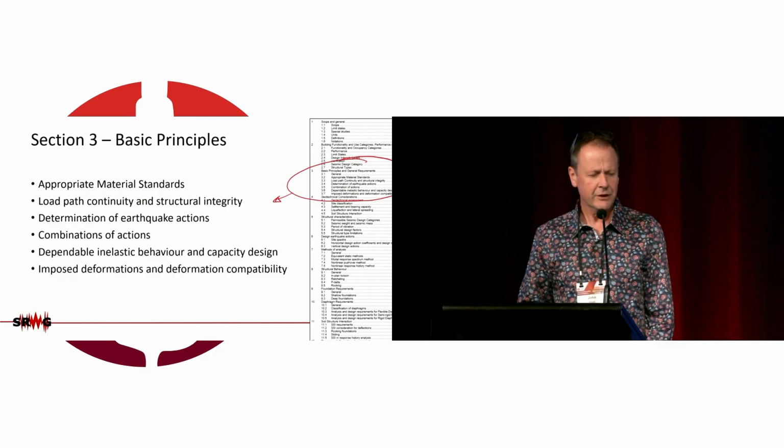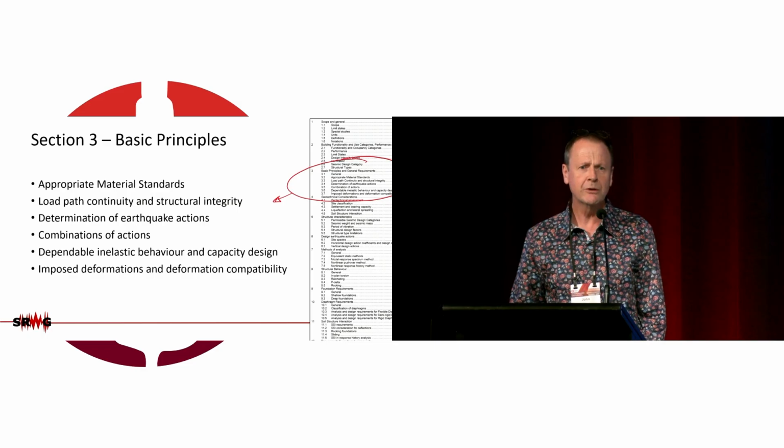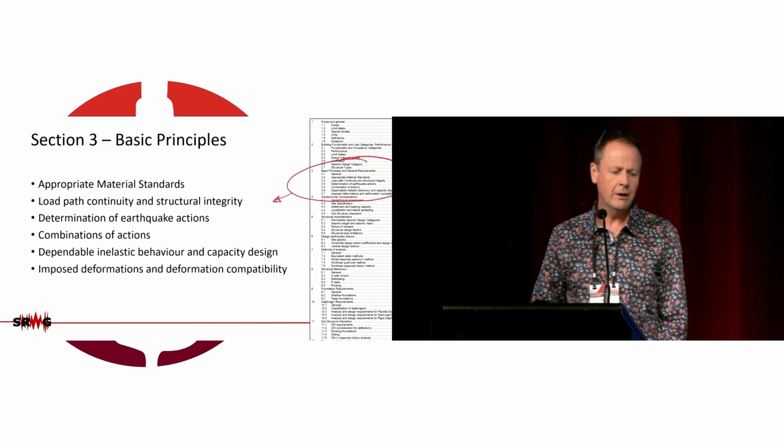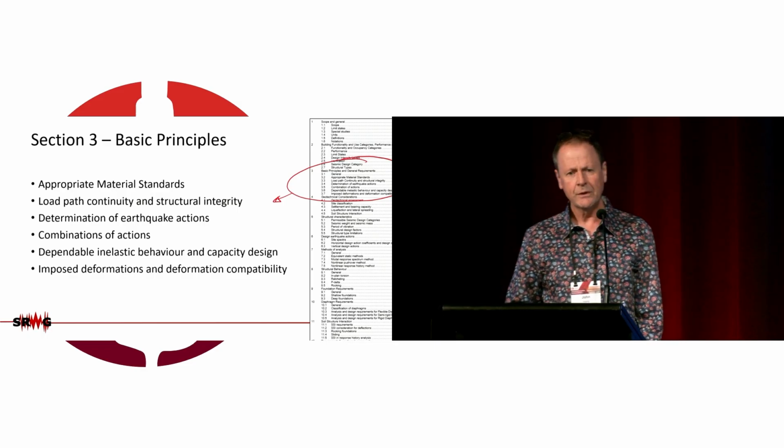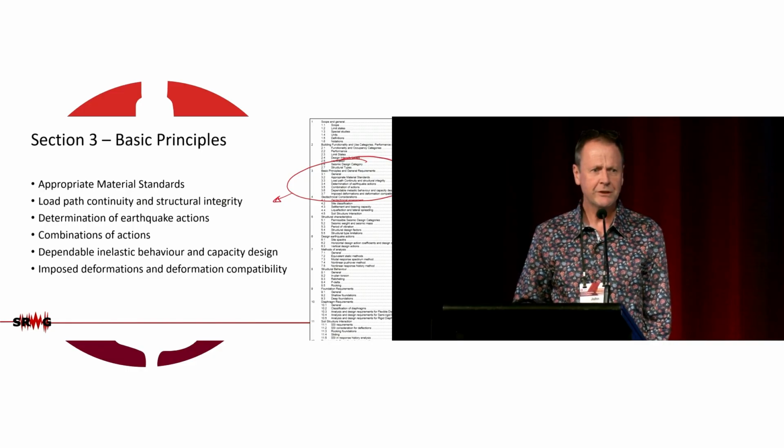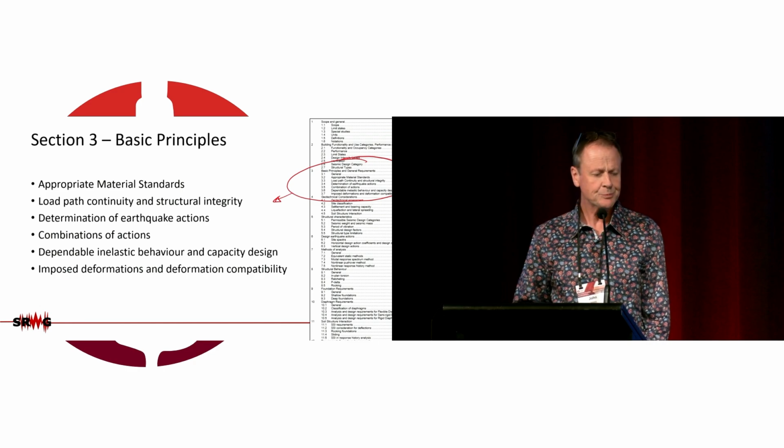So there will be discussion in there about what the appropriate material standards are and how they relate to what goes on in the loading standard. Requirements hopefully better articulated for load path continuity and structural integrity, which are obviously the key things which make structures work.